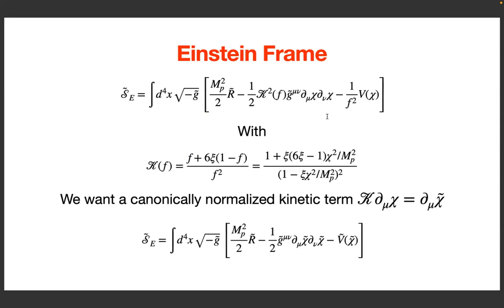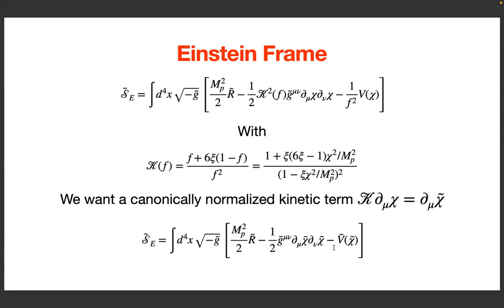So I redefine my chi field by choosing this, and now I have defined what chi tilde is. Then I end up with what we all know, the Einstein-Hilbert action on one side, decoupled in the sense that it is no longer non-minimally coupled to the scalar sector, and I have my scalar field with a canonically normalized kinetic term and its potential.